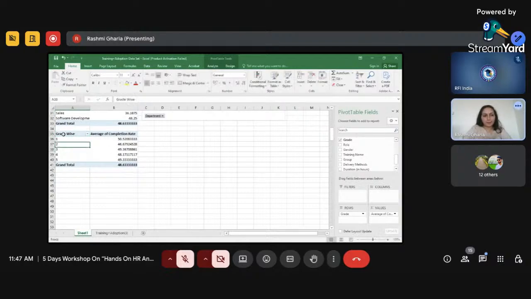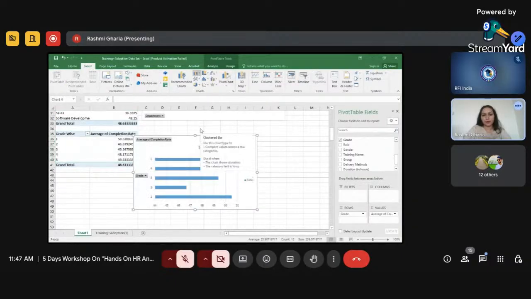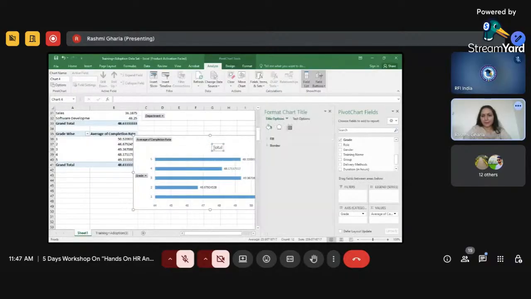When I prepare a pie chart, I can prepare a bar chart related to it. If you see the grade-wise completion, what can we interpret out of this? What can be the insights?